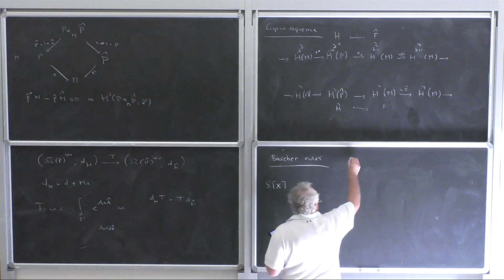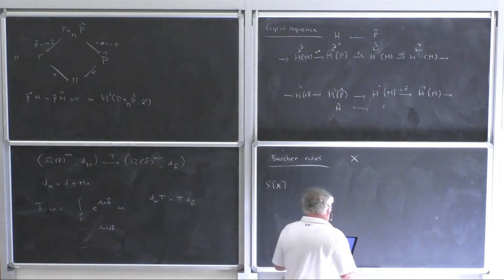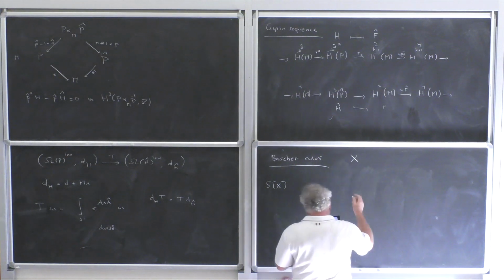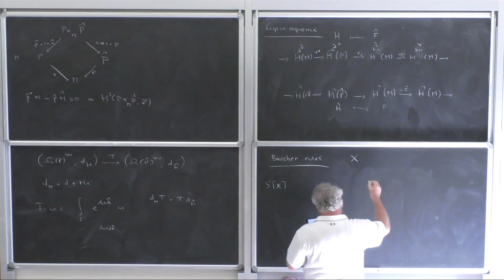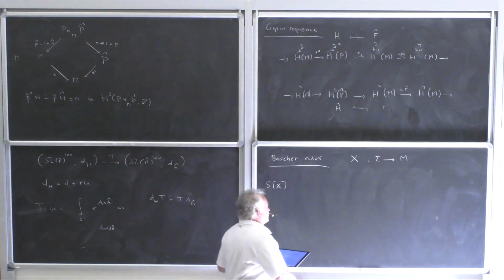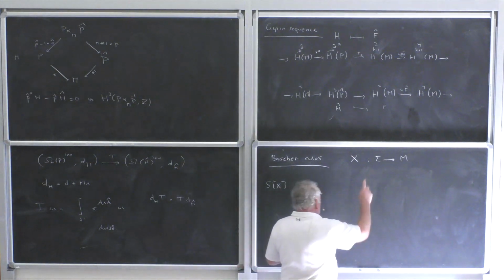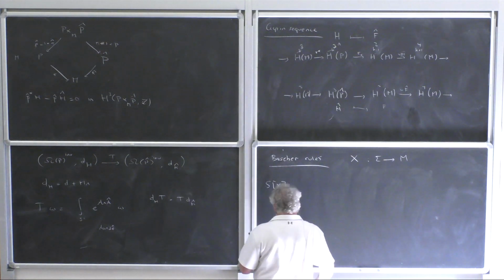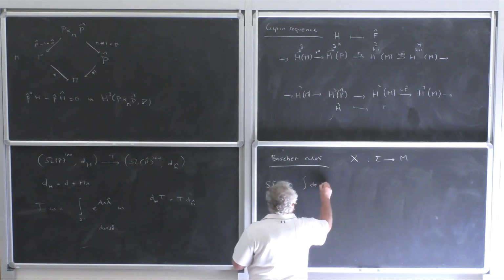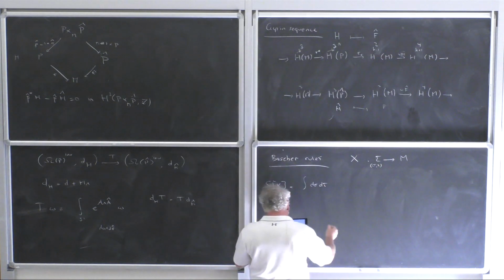So let me take the simplest case of a closed string on something which is locally a manifold cross a circle. So X is my closed string field, mapped from sigma into space-time. And then the sigma model action is something like d sigma d tau, where sigma and tau are local coordinates over here.